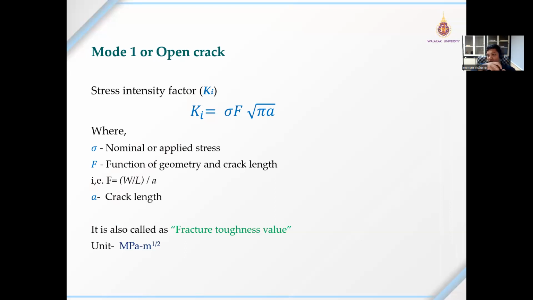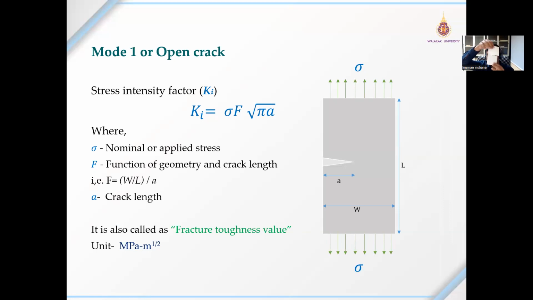So obviously it will take more stress when compared to brittle materials like concrete, glass, or wood, which break instantly when we apply the load. So the stress intensity factor will be less for the brittle material, and more for the ductile material. So this is the formula where this is the stress.